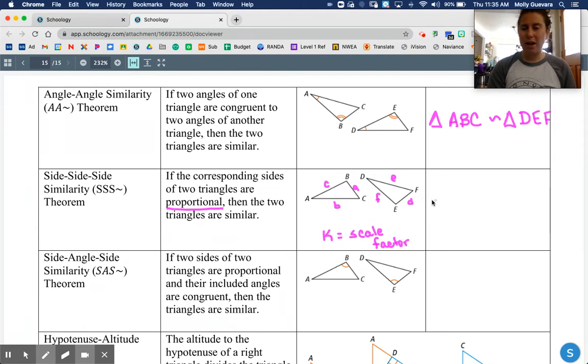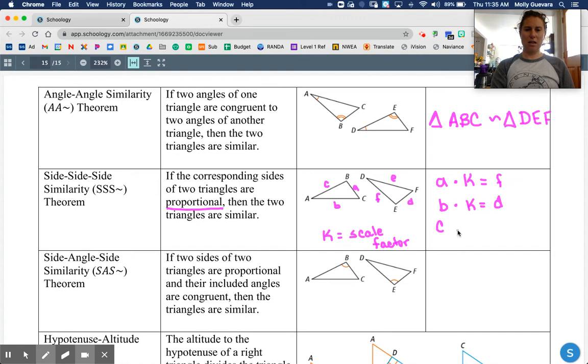Maybe I'm multiplying by 2, maybe I'm multiplying by 8, maybe I'm multiplying by 1/2, who knows. So side A times whatever my scale factor is will give me side F, and side B times my scale factor gives me side D. Hold on, that's not right.